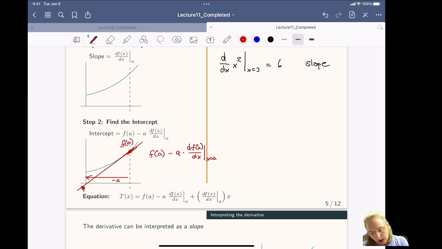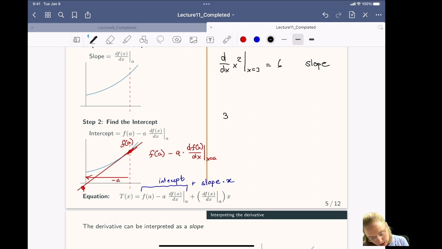So here we have our intercept plus our slope times that independent variable x is going to give us our tangent line t of x. Okay, so let's try this out and evaluate the tangent line here. Well, what's the value of our function x squared at the point a equals 3?